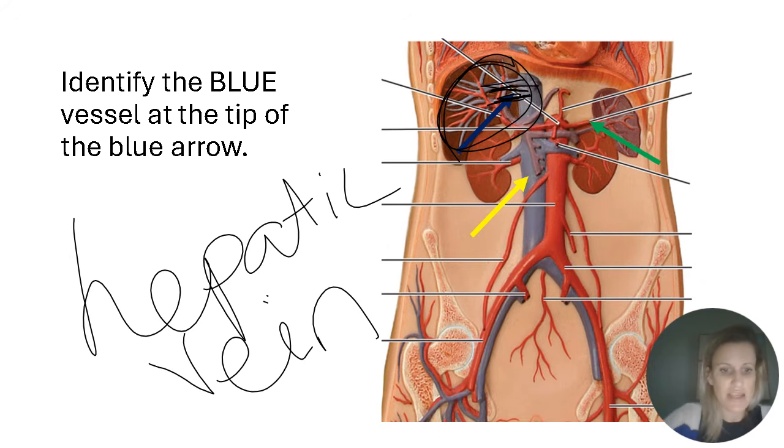Remember, there are 3 types of vessels associated with the liver, right? So 3 types of hepatic vessels. In red, we said was the common hepatic artery. In purple is the hepatic portal vein. And then bringing blood from the liver is the hepatic vein.